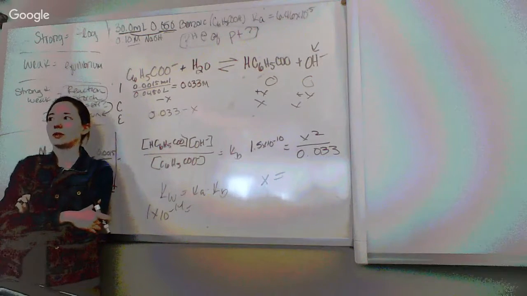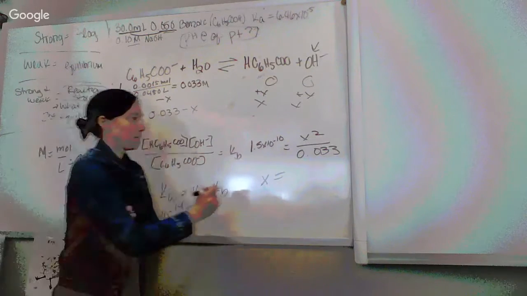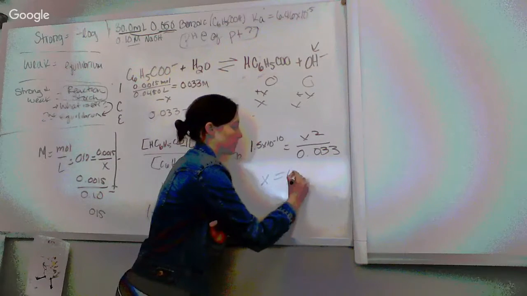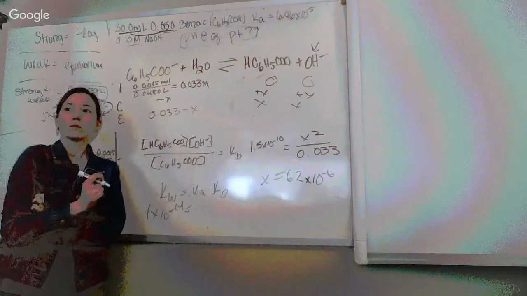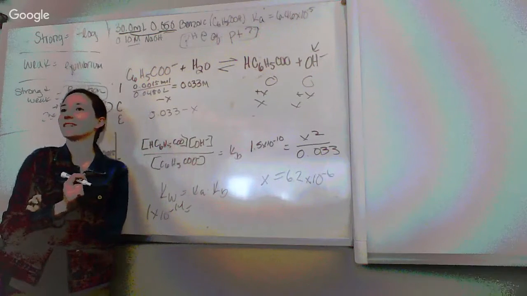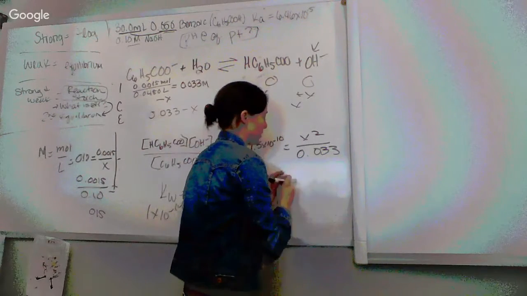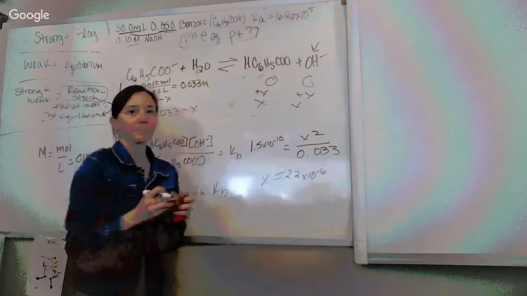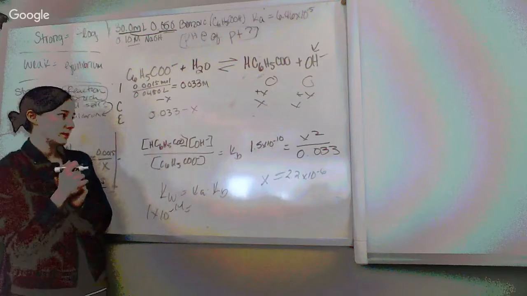Anybody get an x for me yet? Oh, what you got? We got 2.2 times 10 to the negative what? 6. Other people said, yeah, they got that too. Negative 6, does that make sense?